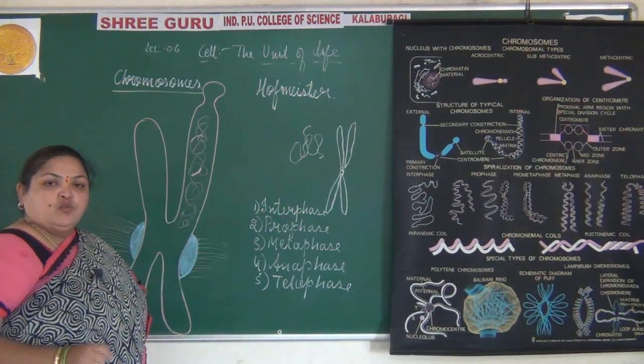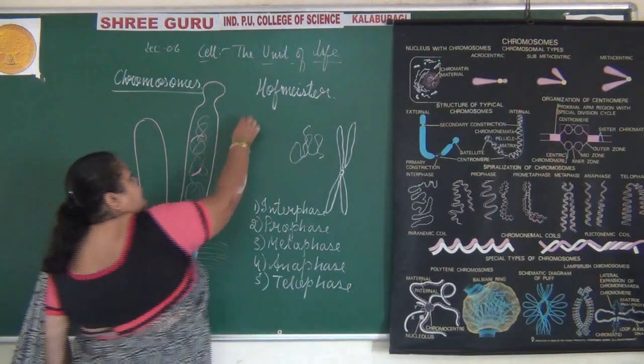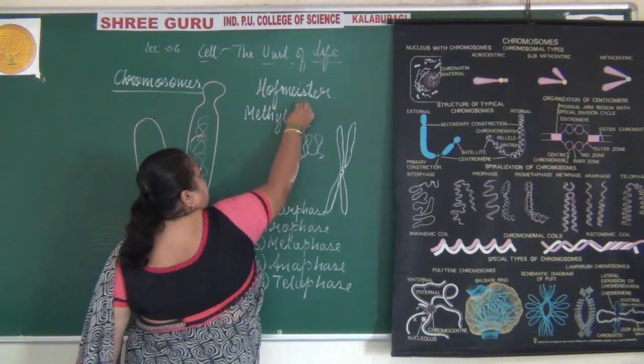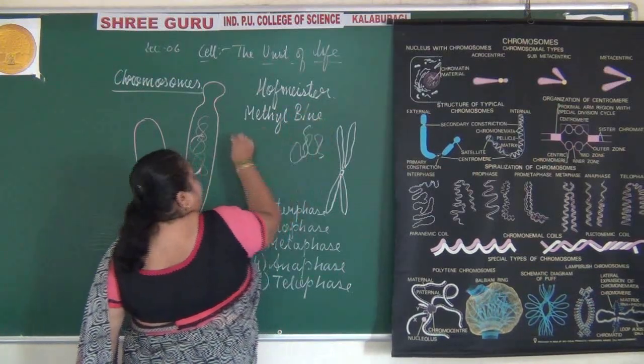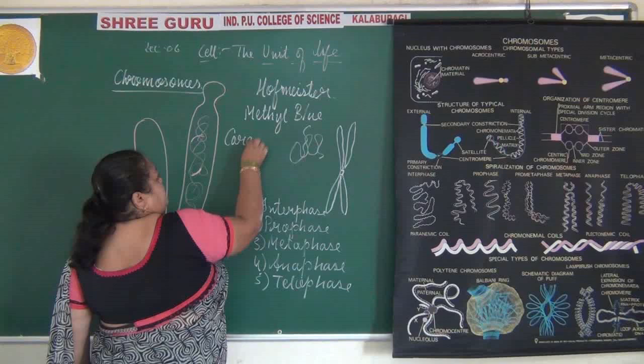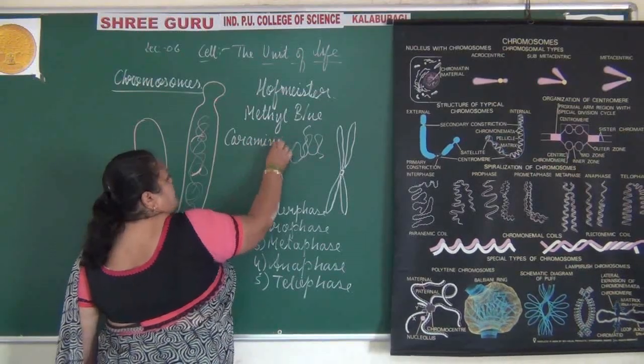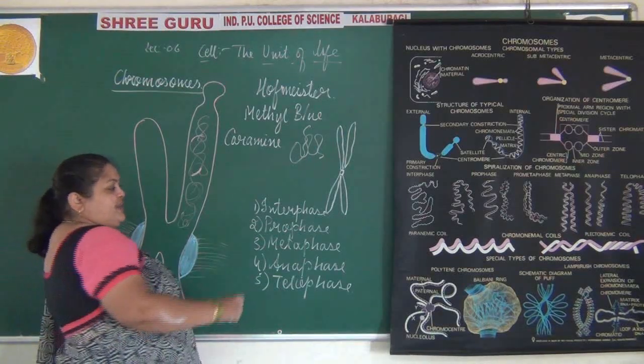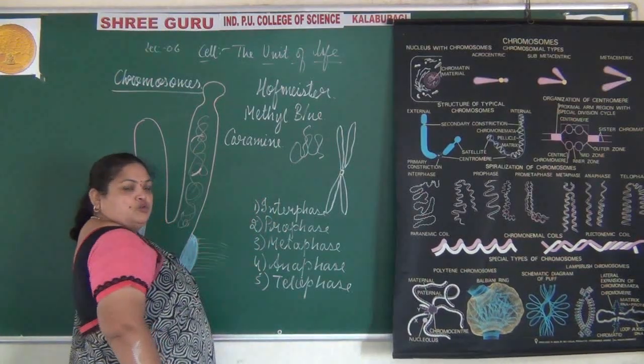If you stain with special stains like methyl blue and carmine, you can observe the complete structure of the chromosomes.